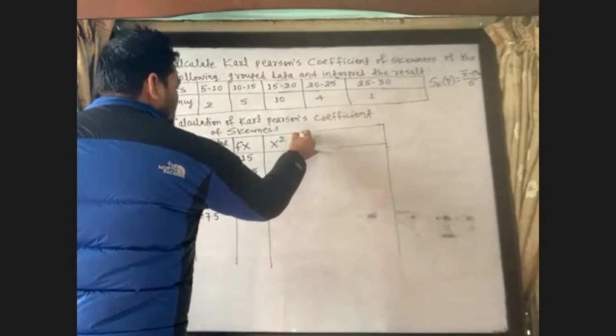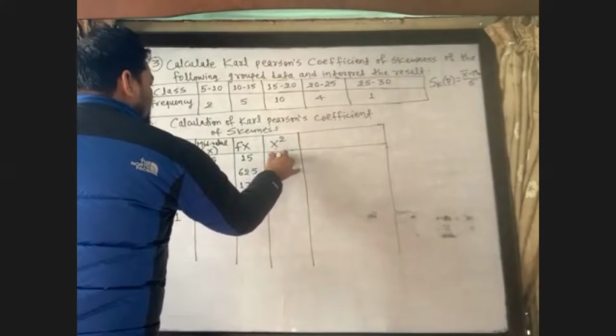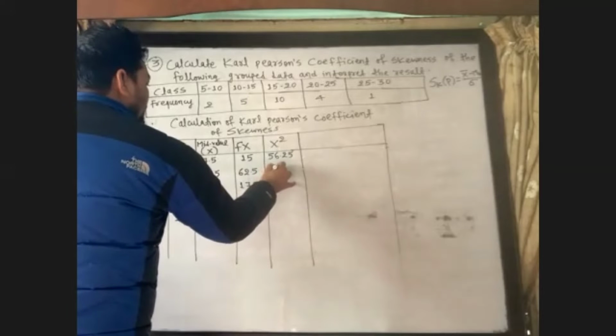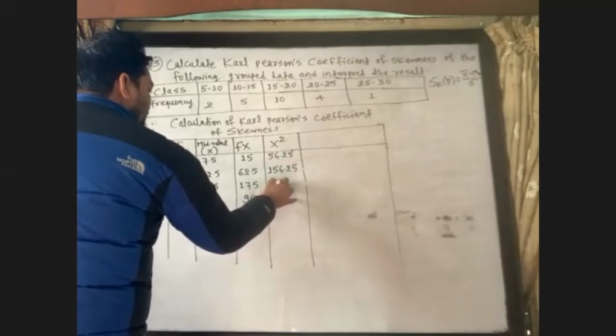X square standard deviation को लागि. Okay, so 7.5 square will be 56.25. 12.5 square will be 156.25. 17.5 square will be 306.25.